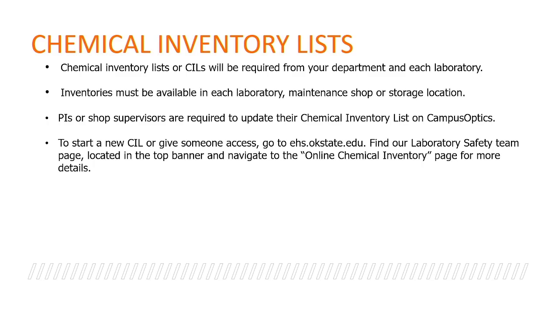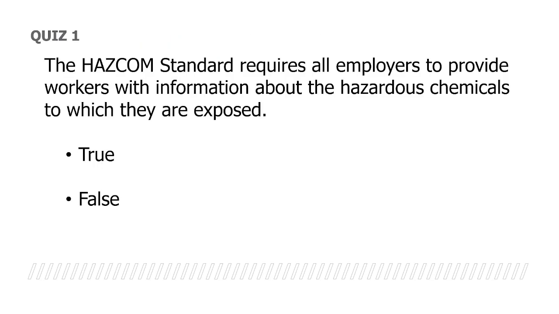The other thing is, to start a new chemical inventory list or give someone access, you need to go to ehs.okstate.edu, find your lab safety team page located in the top banner, and navigate to the online chemical inventory page for more detailed information.